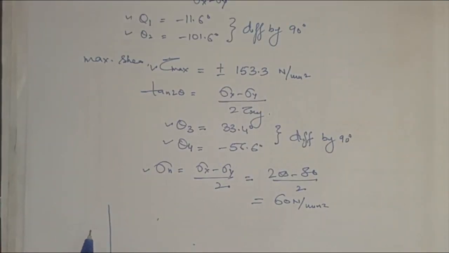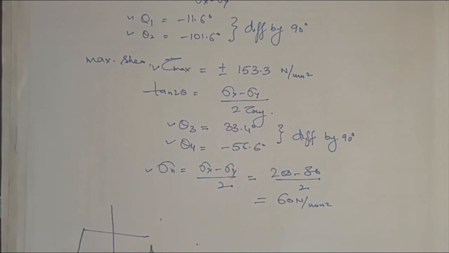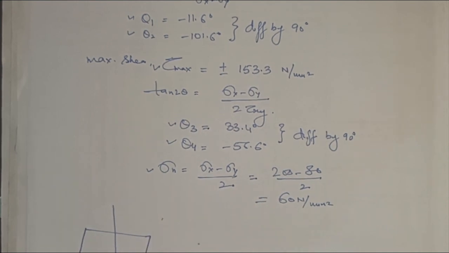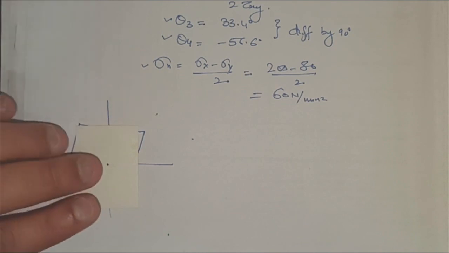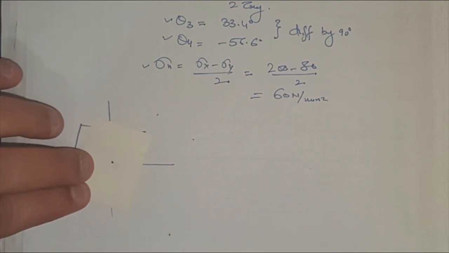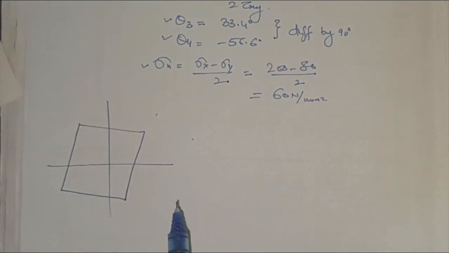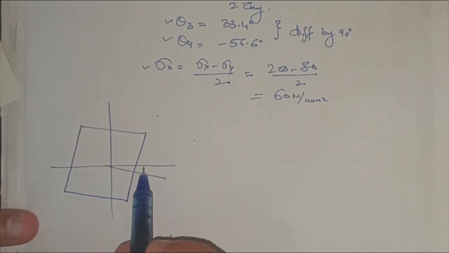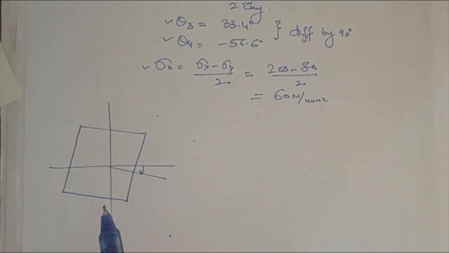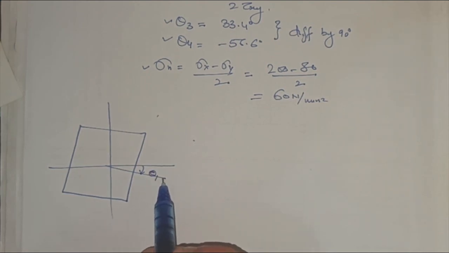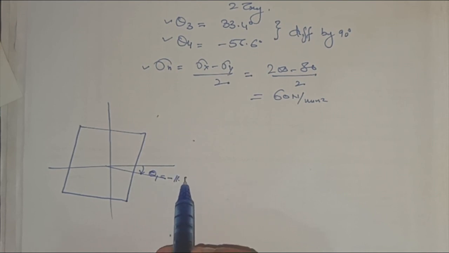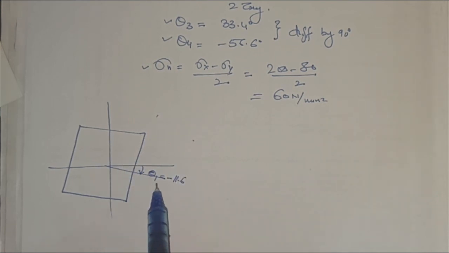Your plane is like this, and now this plane is being rotated like this. This was earlier, now it is rotated at some angle. What is that angle? It is rotated, not counterclockwise, sorry, in a clockwise direction, by minus theta 1, minus 11.6 degrees.